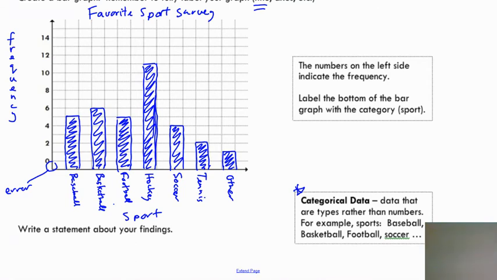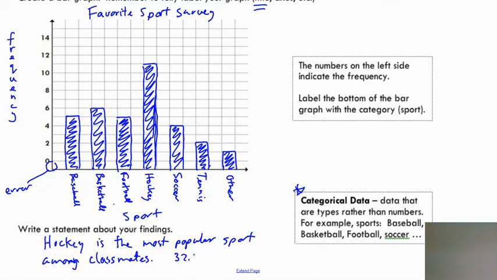So even from the table above and the graph here, we could come up with a conclusion that says, hockey is the most popular sport among classmates. 32.4%, we got that from the table, prefer hockey over other sports, let's say.